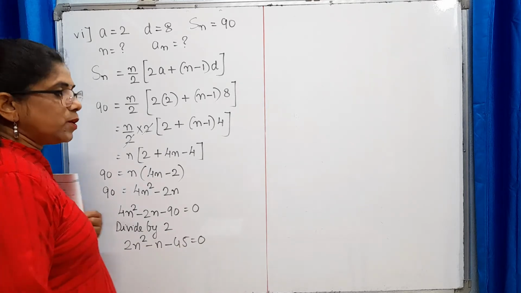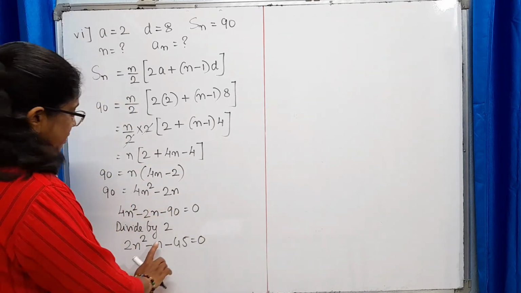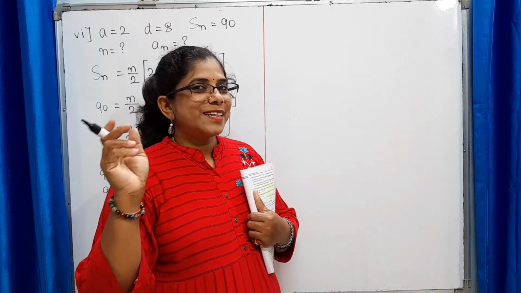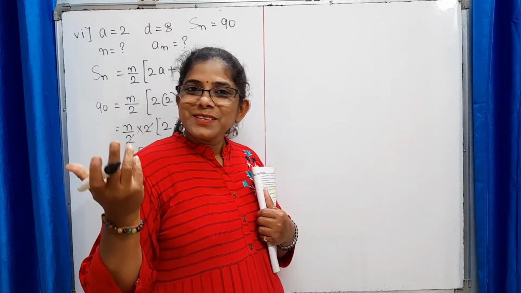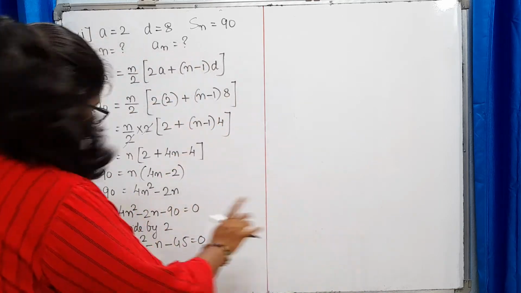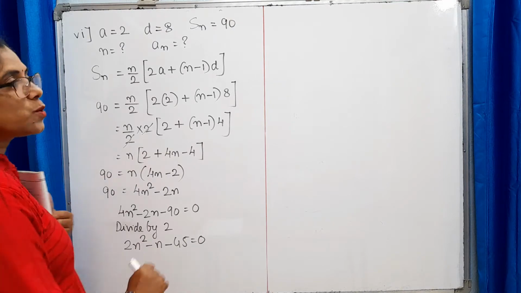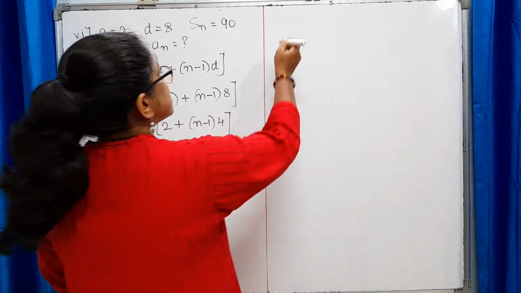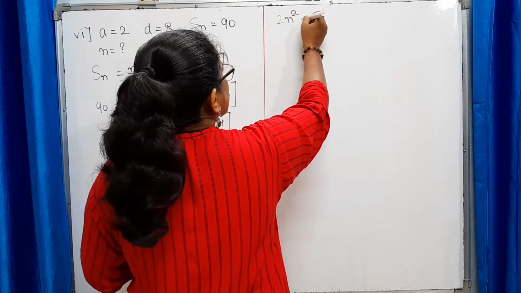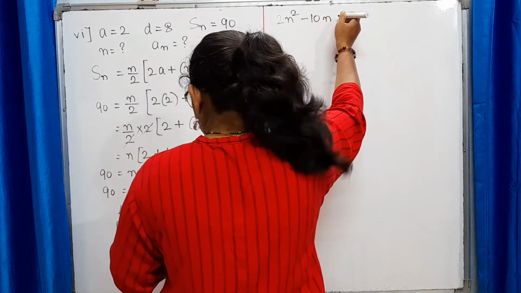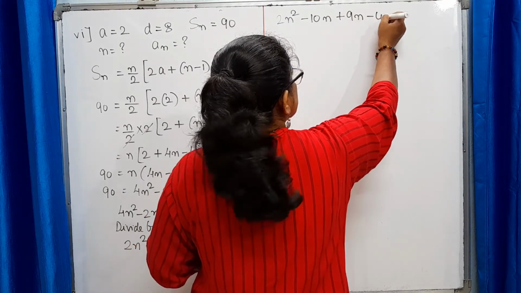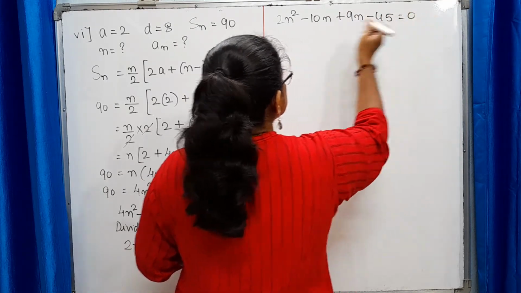Here 2 into minus 45 is minus 90 and difference is 1. Numbers are 10 and 9. 10 into 9, product is 90. And difference of 10 and 9, it's 1. It is minus n, so greater number will have minus sign. 2n square minus 10n plus 9n minus 45 is equal to 0.